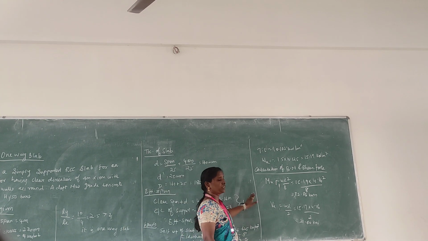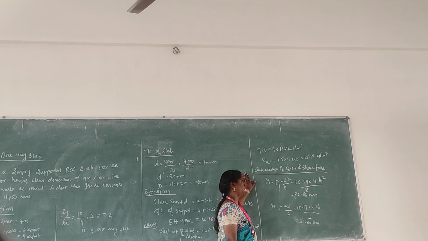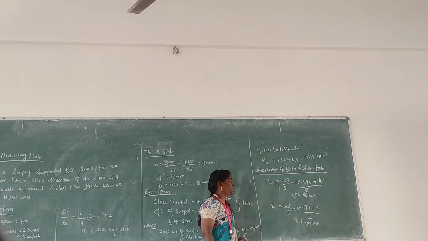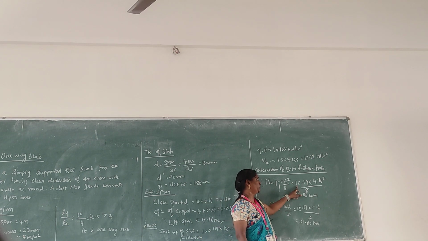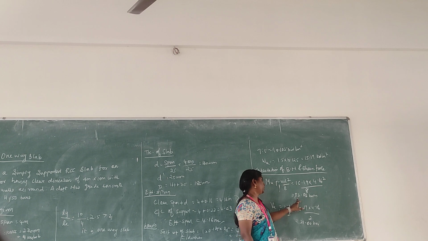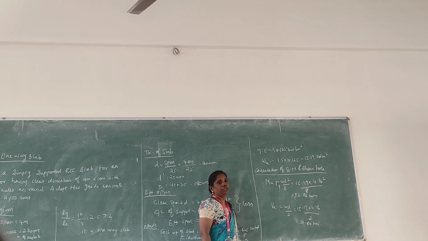Next, we go for calculation of bending moment and shear force. First, we calculate the bending moment. For a simply supported beam, the bending moment value is W L square by 8. So, W is nothing but Wu, L is nothing but effective span, divided by 8. So, it is 32.86 kilonewton meter. Then we calculate shear force.